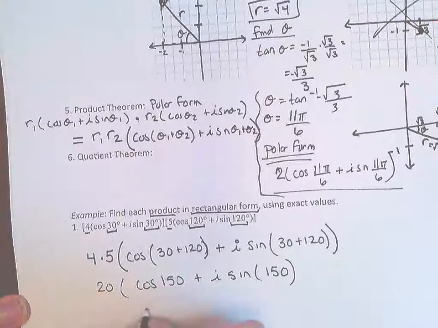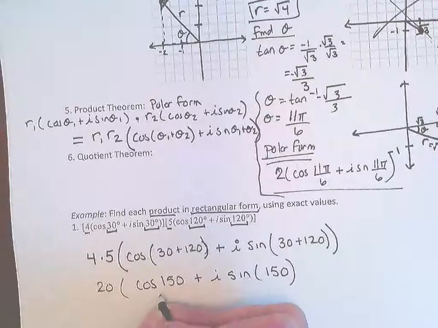Alright, so coming back to this, so we got 20 cosine of 150. I'm not remembering my calculator. I'm not remembering my unit circle right now.